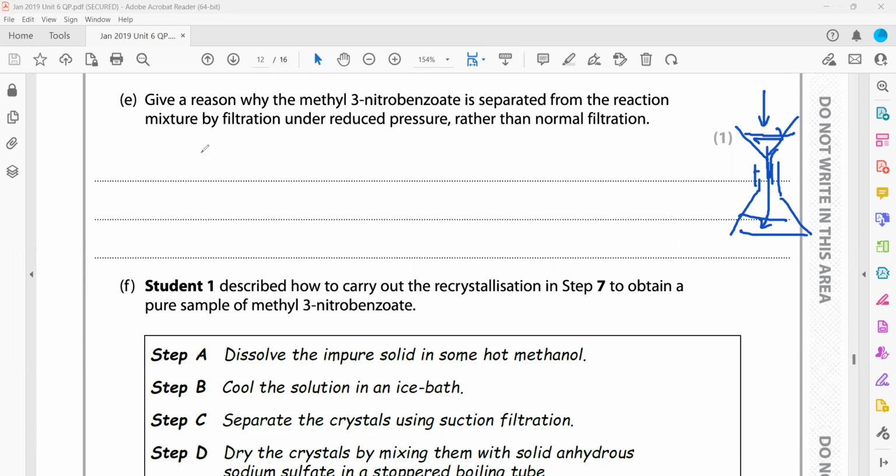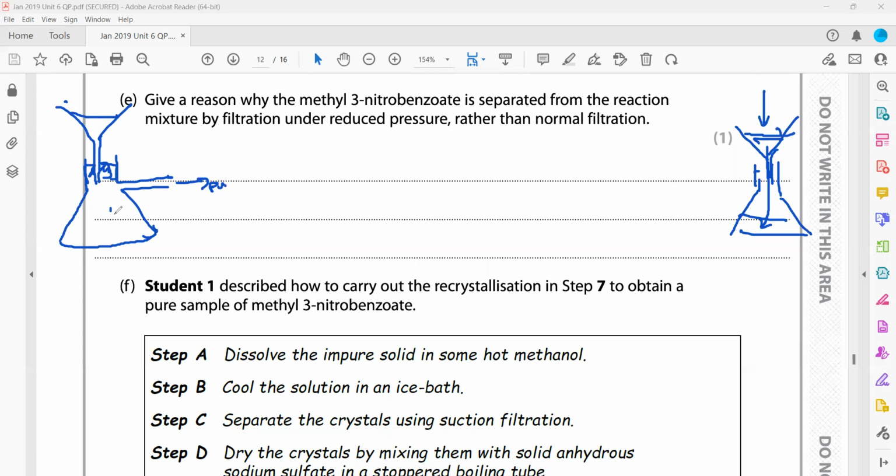When we reduce the pressure, we use what is known as the Buchner funnel, which has a side arm here. Here a pump is connected.